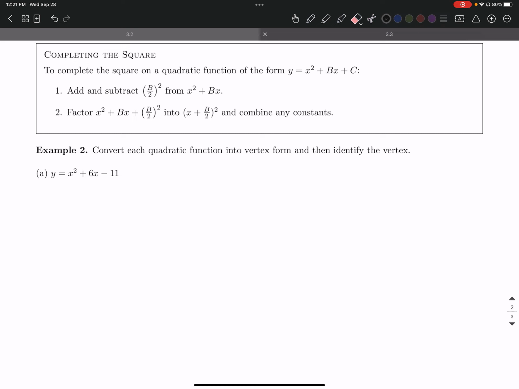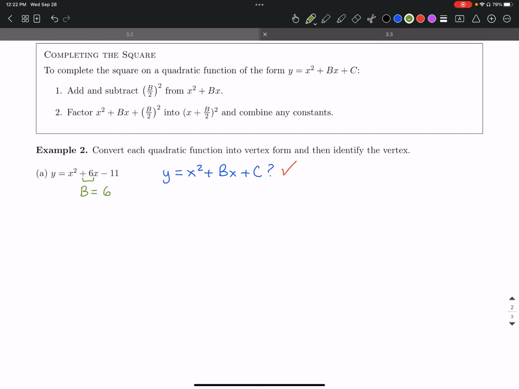We are starting with x squared plus 6x minus 11. And our first question is: is this in the form y equals x squared plus bx plus c? And the answer to that is yes, it is, because to be in this form, we need to make sure we're not seeing anything in front of the x squared, and we're not. For this reason, b is just going to be the coefficient on the x. So I can look at this and I can recognize b as positive 6.